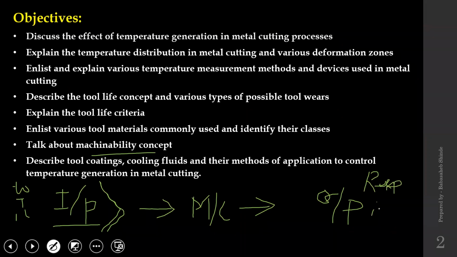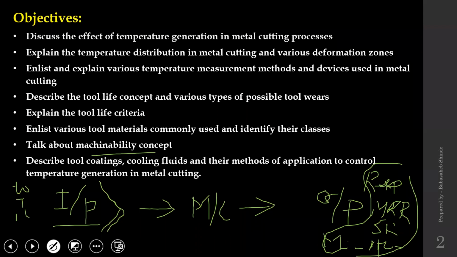So what are those response parameters? Material removal rate would be there, surface finish would be there, accuracy would be there, then material alterations would be there. All these parameters are called response parameters. So it is expected to have all these response parameters within acceptable range. And when you have those parameters in acceptable range for that workpiece and cutting tool combination, then you will call it a machinable combination.